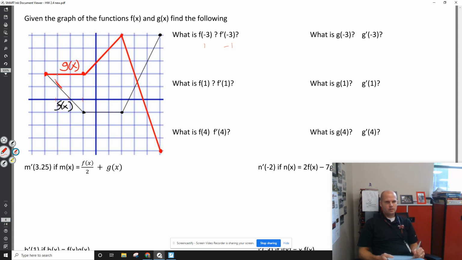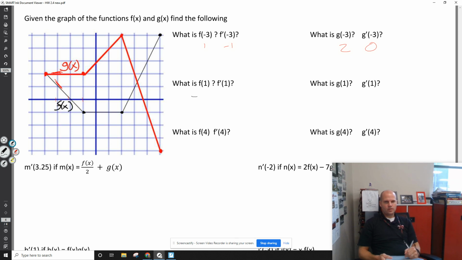G of negative 3 is 2, because that's the Y coordinate of G at negative 3. G prime of negative 3 is the slope of G at negative 3, and that's 0. That's the idea: we create a table of information based on our graph's points and slopes, which we can find because it's just straight lines.